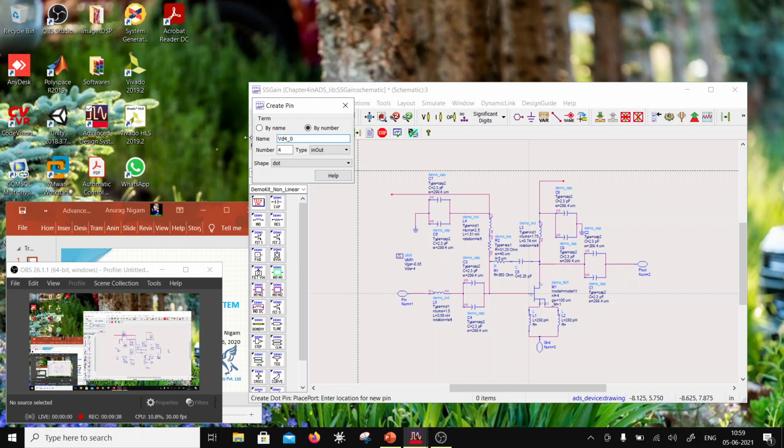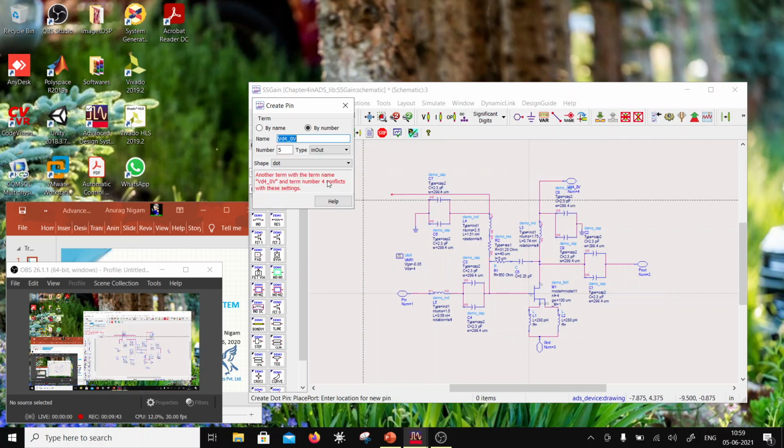I am going to say this is a 4 volt. And then I can say VG, and to remind me that this is minus 0.85, right? So I can put here VG. For a minus, I will put an underscore, a 0 underscore 85. So that will remind me that this is biased at that.